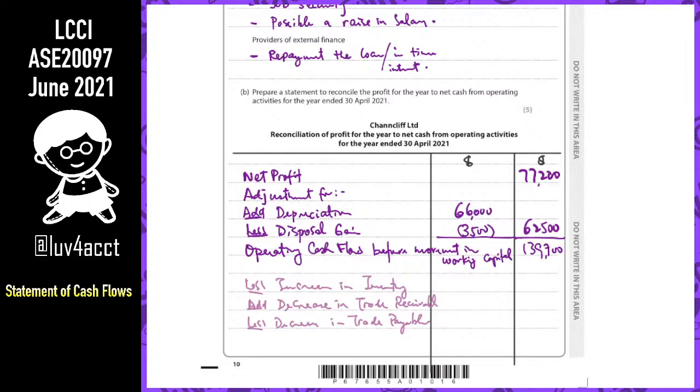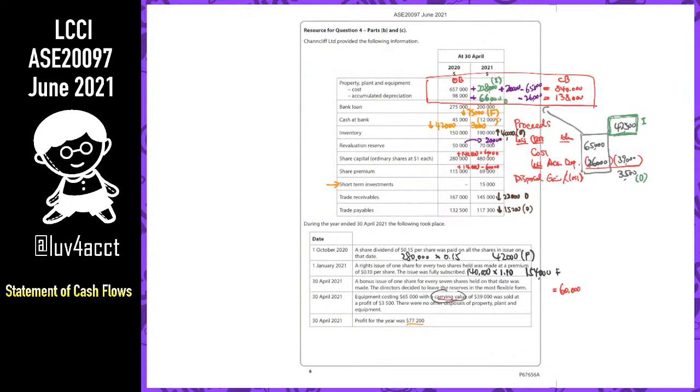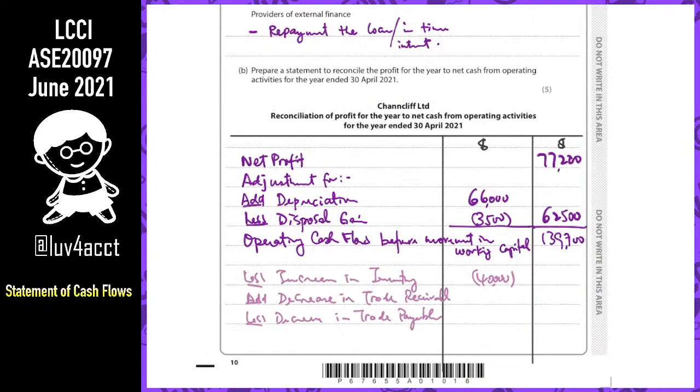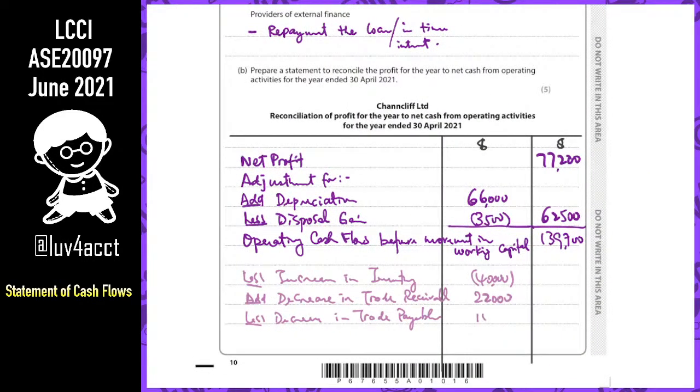So we have 40,000 here, and then 22,000, 15,200. 40,000 less 22,000 plus 15,200 is 33,200 negative, plus 139,700.